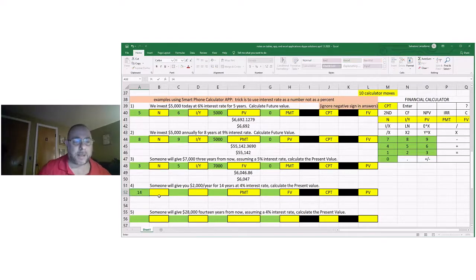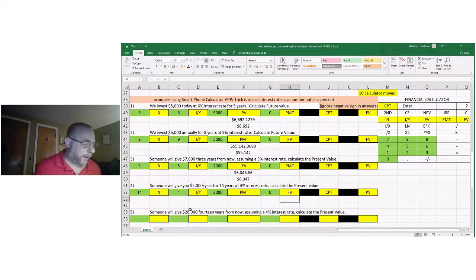So let's put 14N. The interest rate is 4%, so 4 I/Y. This is a $2,000 annual payment. Since it's not a one-time event, we're going to put 0 in for the future value.